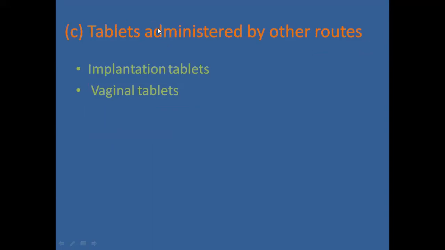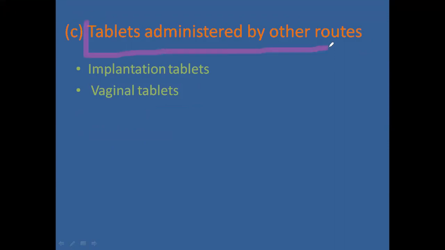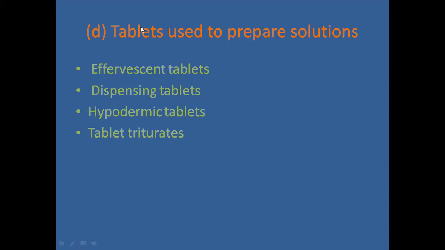Then the third type of tablets are the tablets which are administered by other routes, such as implantation tablets. So these are the tablet implants which are going to be implanted into the patient's body. Then we have vaginal tablets. Now coming to the fourth class of tablets, it includes the tablets which are used to prepare solutions.